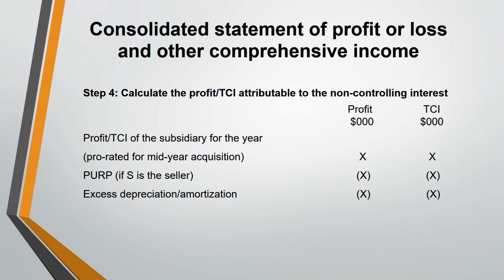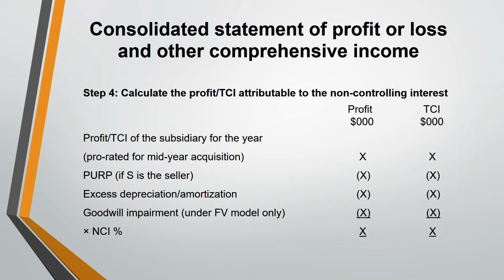Because that excess depreciation is because of the fair value movement due to business combination. That's why from the subsidiary's profit only you have to deduct. Goodwill impairment also you have to deduct, but only if fair value method. Because if it's a proportionate method, then it only includes the parent's part. Then no need to deduct it because we are working to find the NCI profit and TCI which will go to NCI.